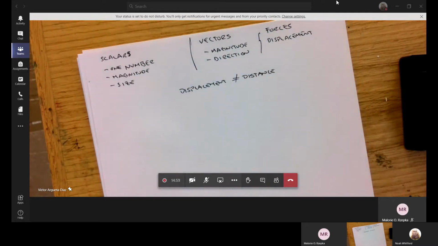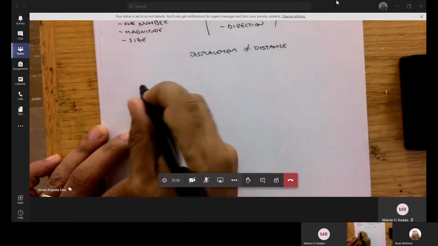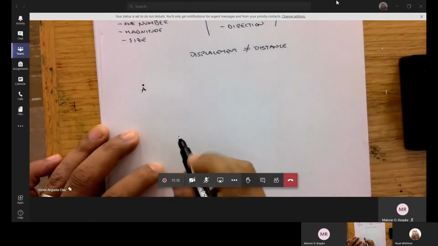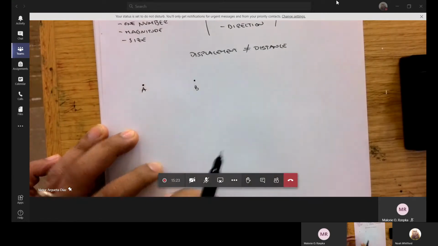Distance is the total length that you move from one point to another. So, for example, let's say that I start walking and I start at point A, and then I'm going to end up at point B.